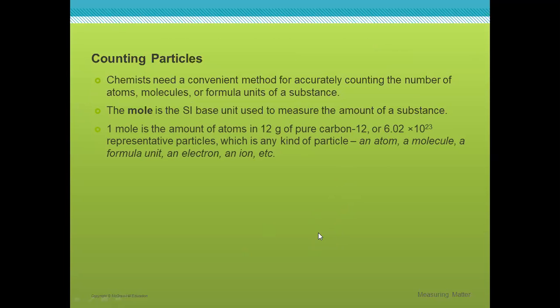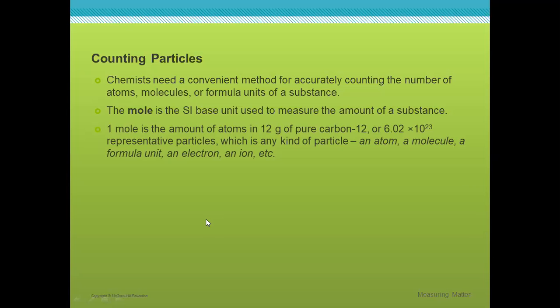And why carbon 12? Because carbon 12 is a known and common element in nature, and it has a medium weight. So mole is the amount of atoms in 12 grams. Why 12? Because the mass number of carbon is 12.